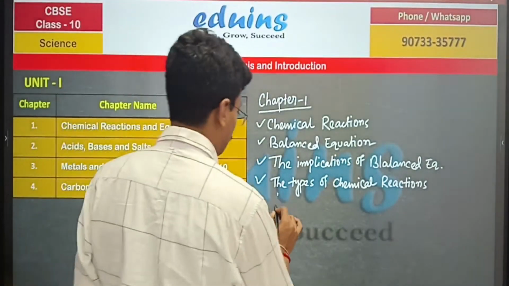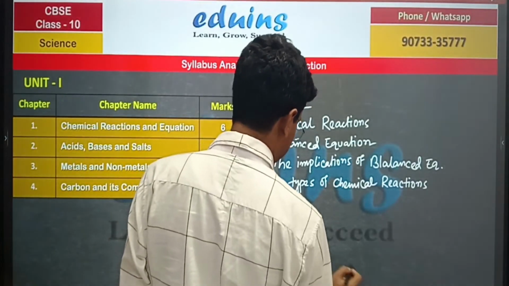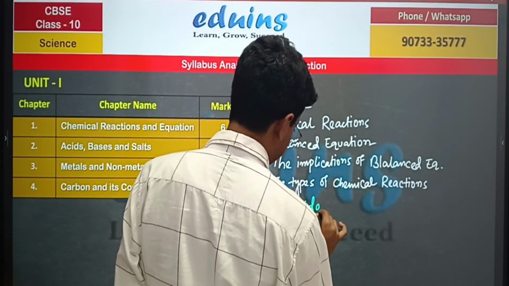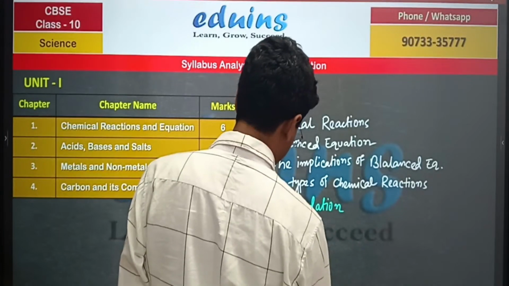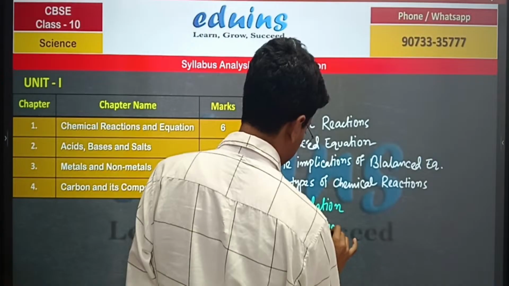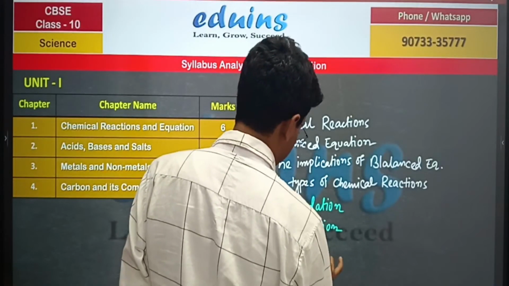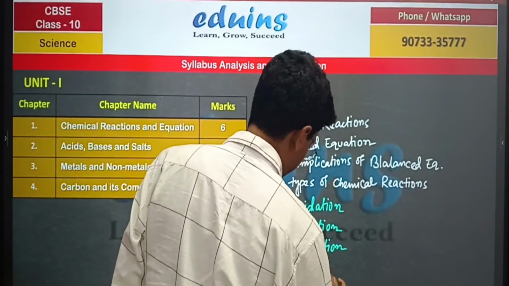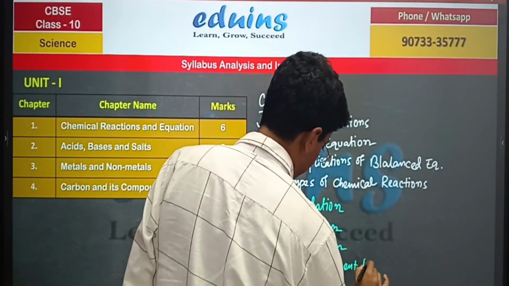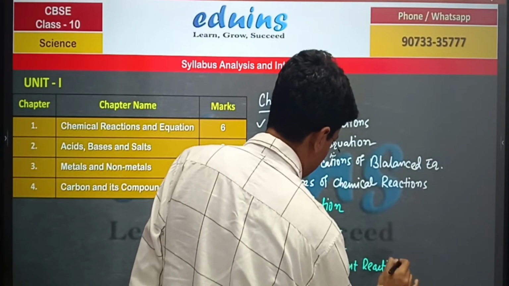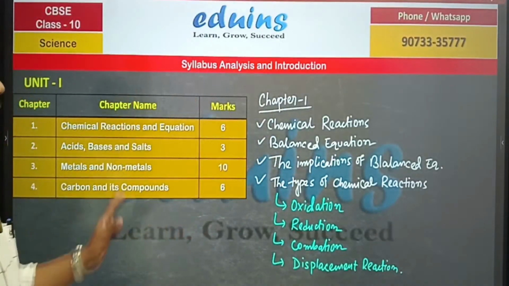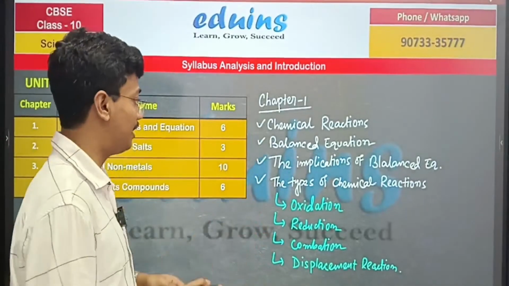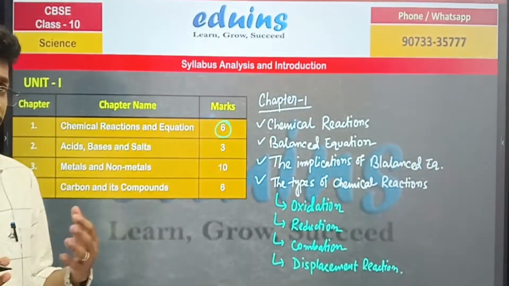study them. Okay, so for an example, oxidation, reduction, combustion, displacement reactions, etc. We have to study all these, and from this chapter you will get the 6 marks for your final exam or for your board exam.